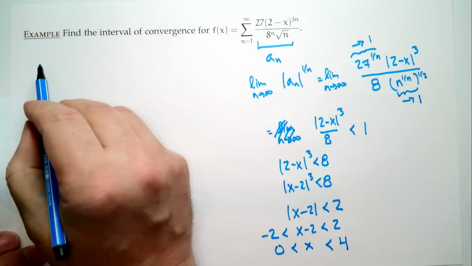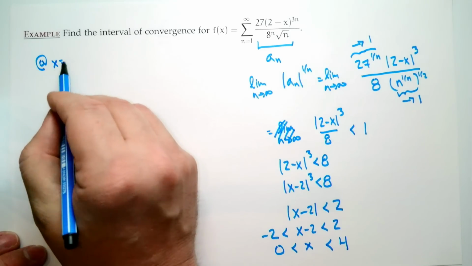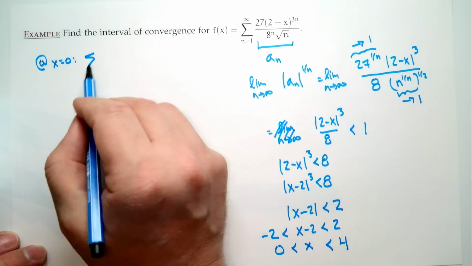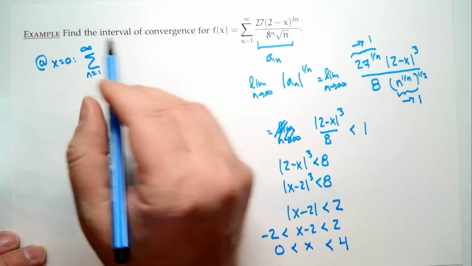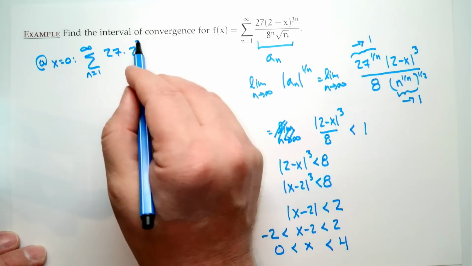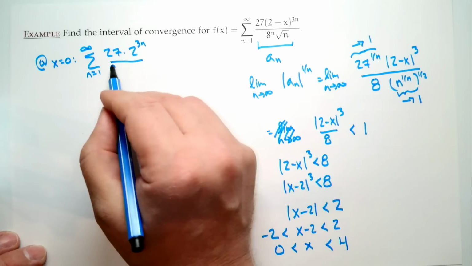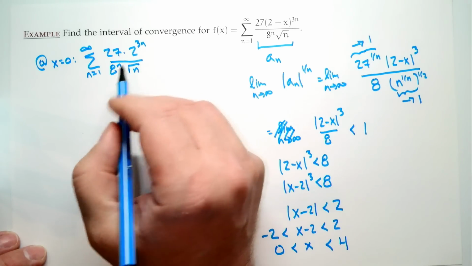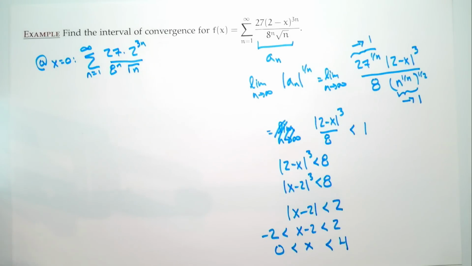So at x equals 0, we're going to get the summation from 1 to infinity of 27 times 2 to the 3n divided by 8n times square root of n. Well, 2 to the 3n, what's another way to think of that?